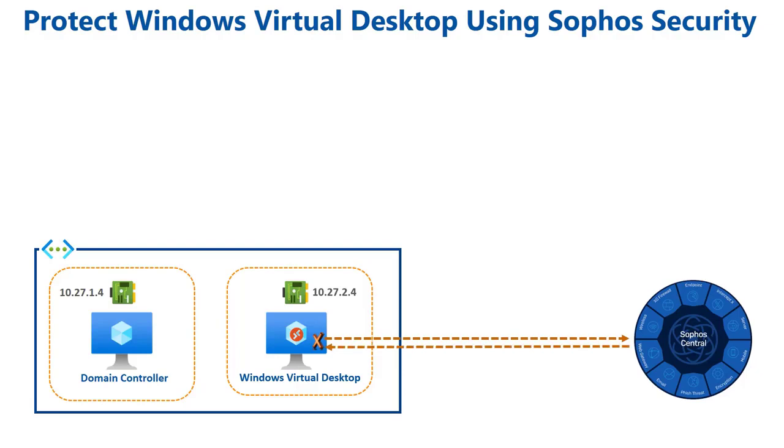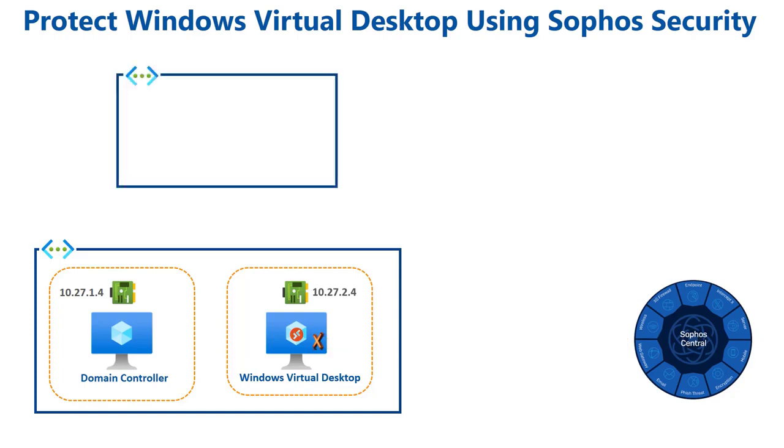In the next part of the video, as I mentioned, I will be deploying the Sophos XG firewall into another virtual network in Azure. I'll call that the security virtual network. I will create a peering relationship between the network where the Windows Virtual Desktop solution resides and my security virtual network.